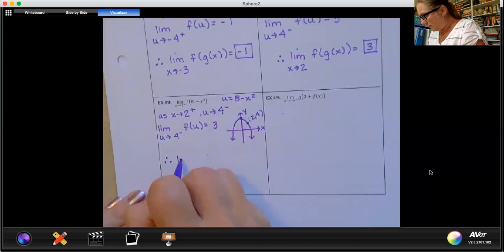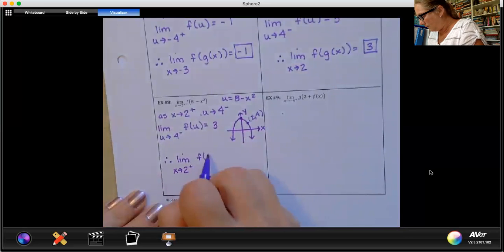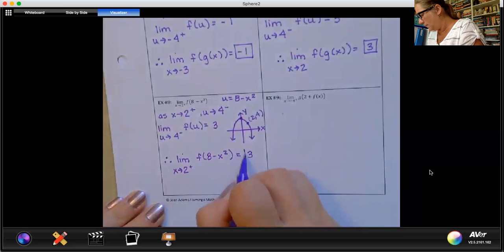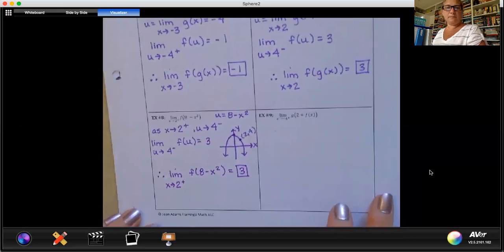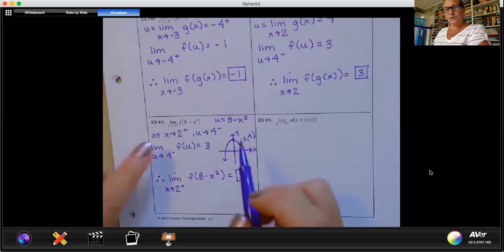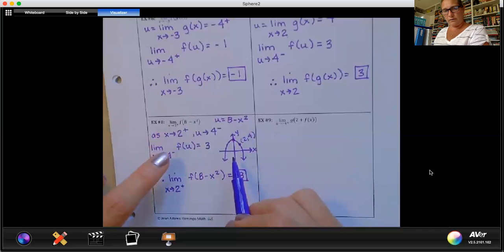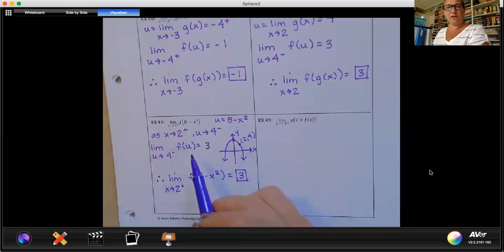Therefore, the limit as x approaches 2 from the right of f of 8 minus x squared is equal to 3. So you have to do the algebraic work in order to figure out your limit value as x approaches. Then go to your graph to get your limit.